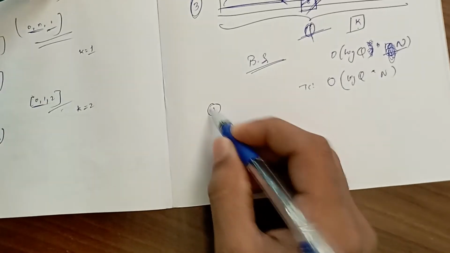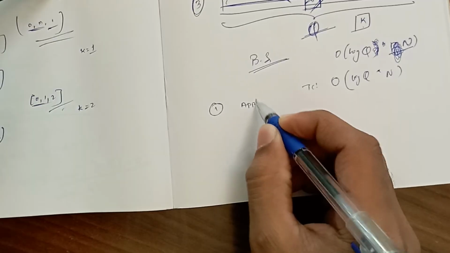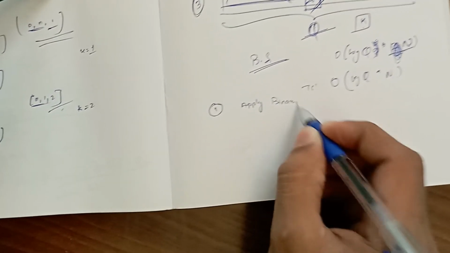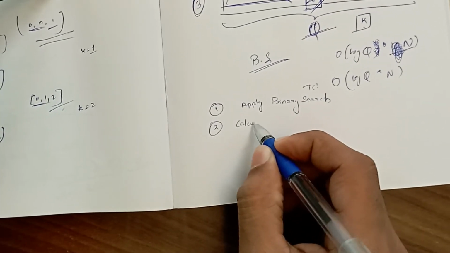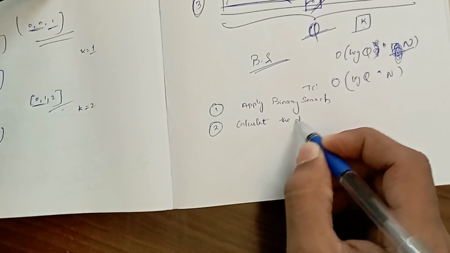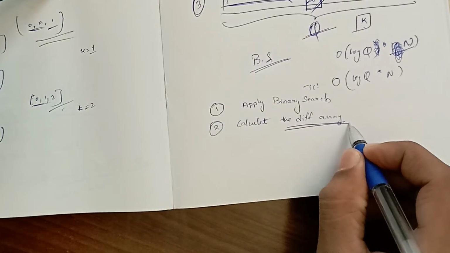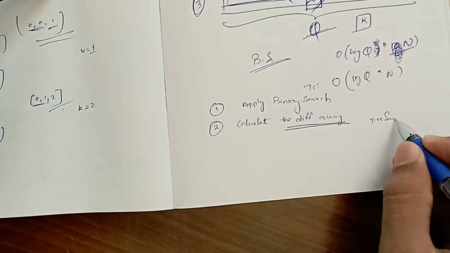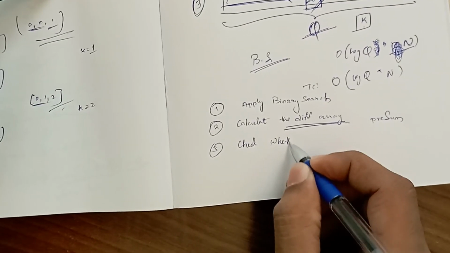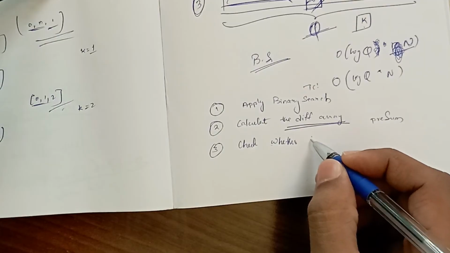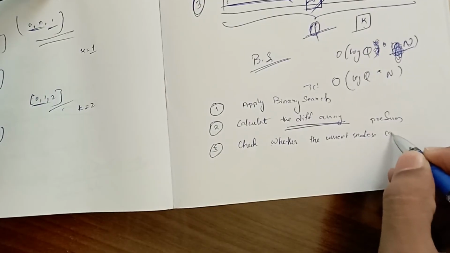So the first thing we need to do is apply binary search and calculate the difference array. We make the difference array using the prefix sum method, and check whether the current index is okay.